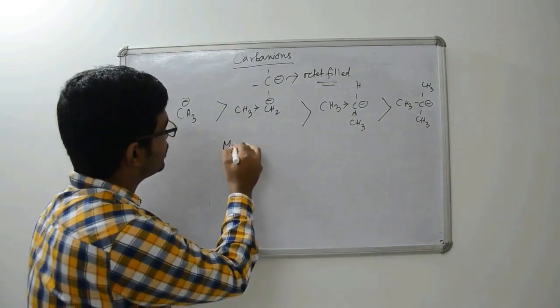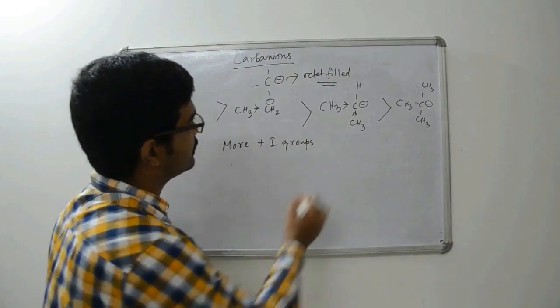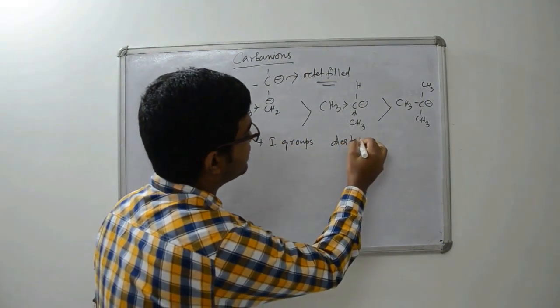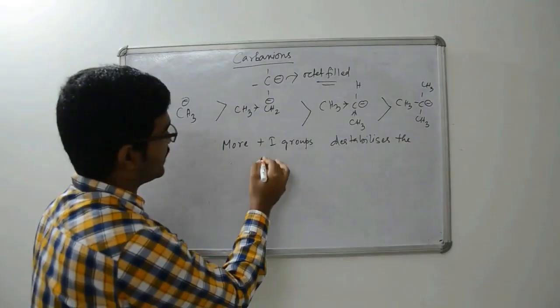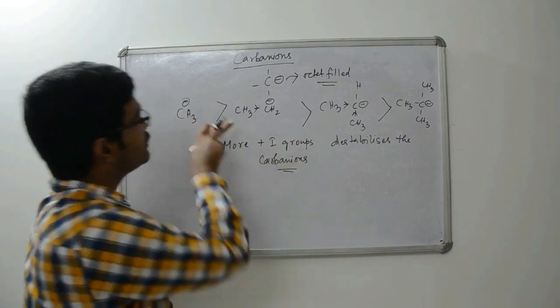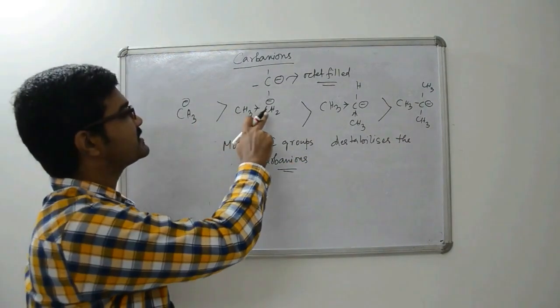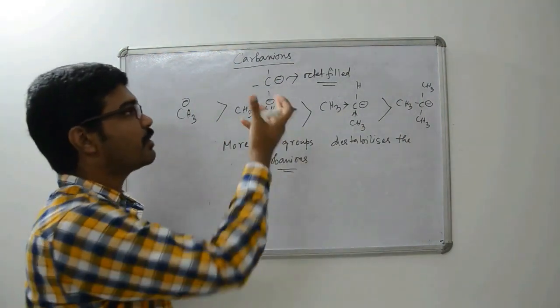So more plus I groups destabilize the carbanions, because they will push more electron density towards this carbon. Already this is electron dense because its octet is filled.